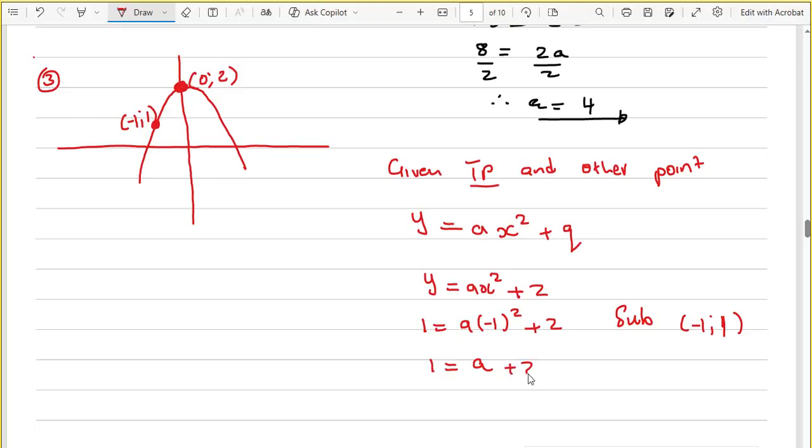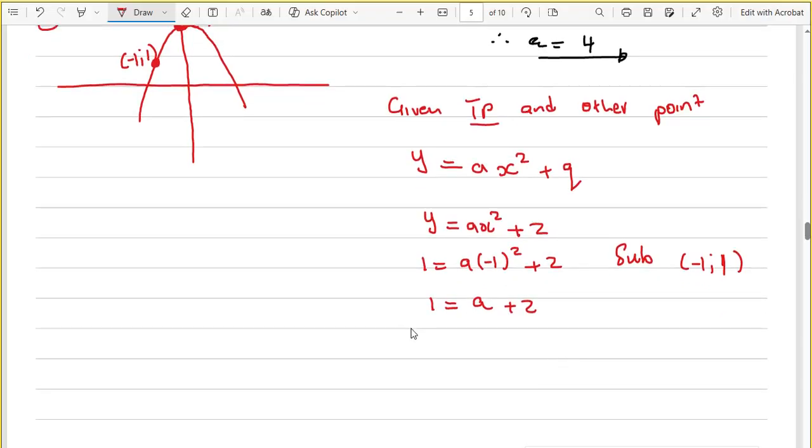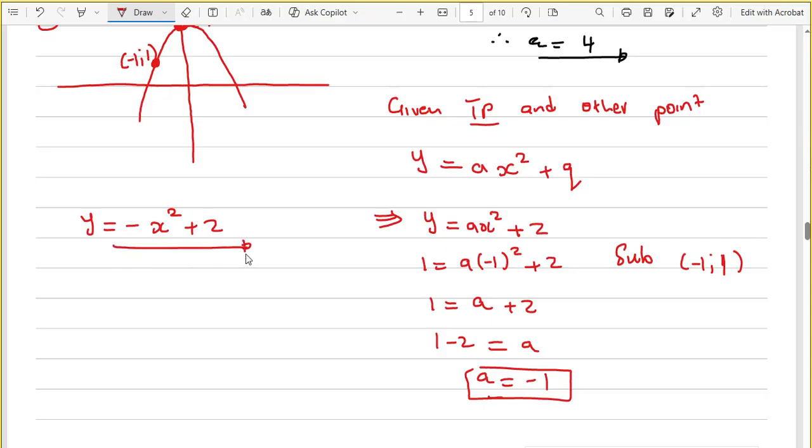And then we add 2. So the 2 will come this side to be negative. So this is 1 minus 2. It's a, which is -1. So the value of a is -1. Then we substitute a in that equation. So y is equal to -1, then x squared plus 2. Are you happy with that? Do you understand how this works?